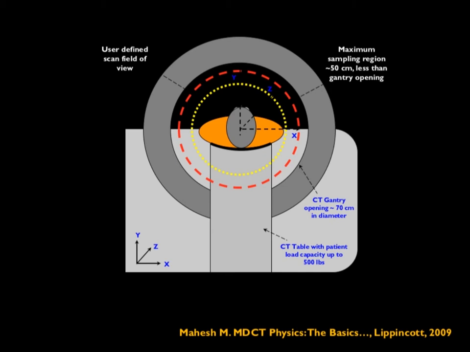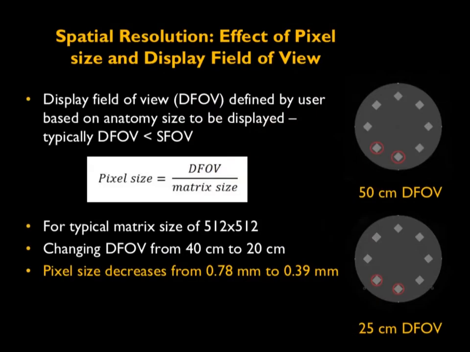Shown also on this figure is the yellow circle, which is the user-defined scan field of view. It can go all the way up to the sampling region, but can't go beyond that region. It is selected by the user depending on the body part being scanned, because that ultimately influences how the images are displayed, which we call the display field of view.